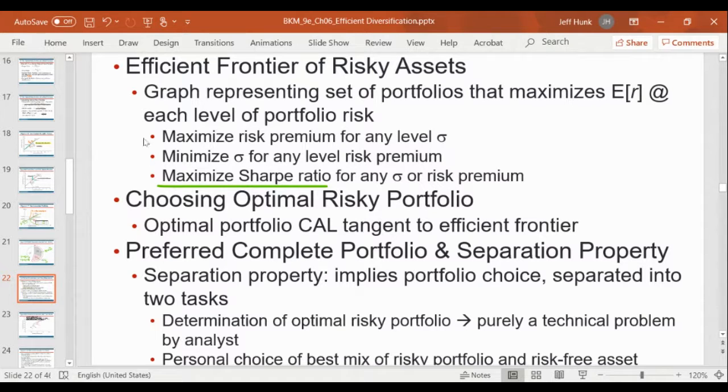So, maximize the Sharpe ratio of the complete portfolio.